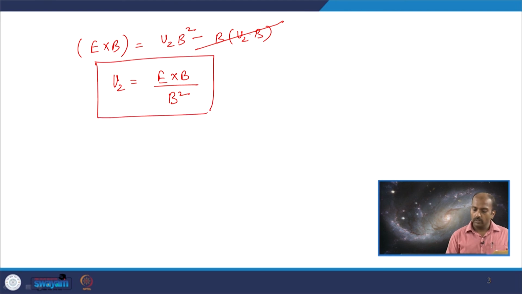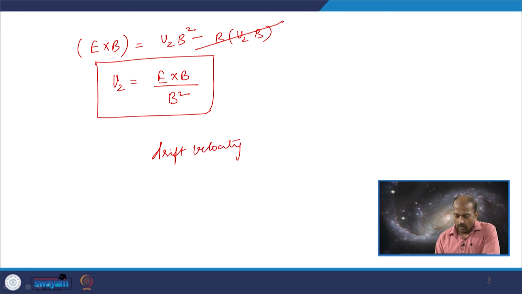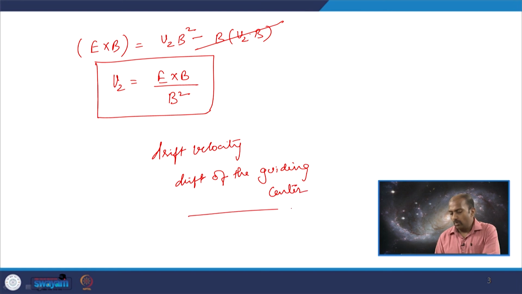So, this is called the drift velocity, or drift of the guiding centers. Whenever there is a charged particle movement in the presence of an electric field, we call the velocity that is attributed to the particle the drift velocity. So, this is the drift velocity that is attributed to the guiding center.